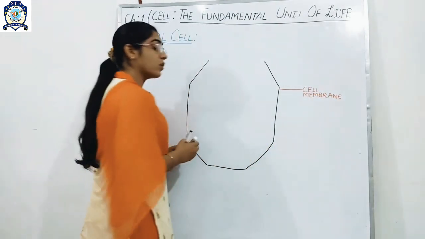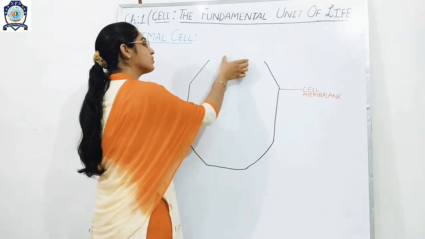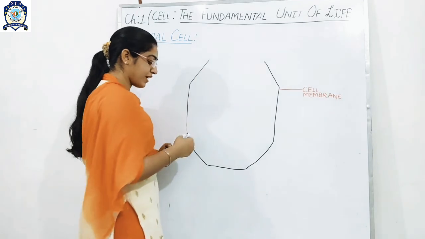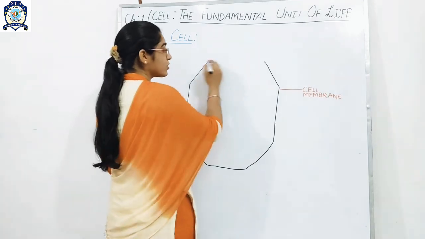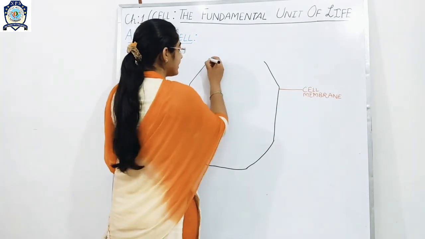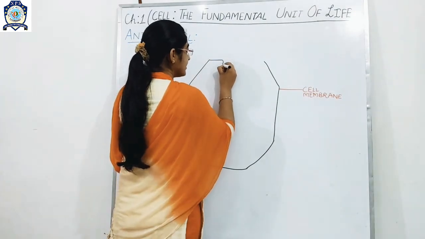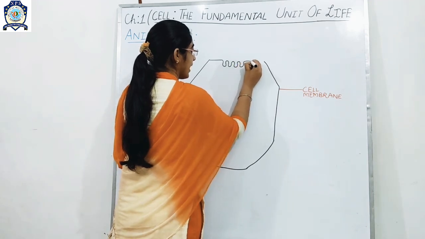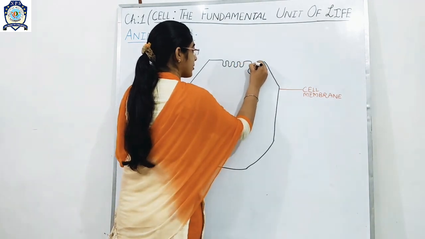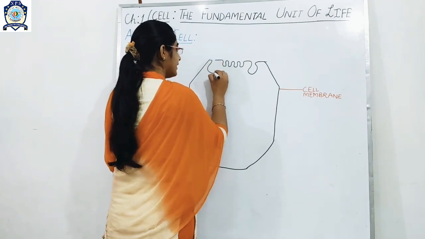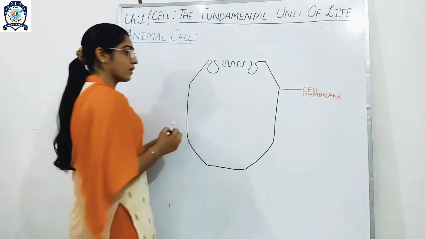On its outer surface, the layer is not a direct straight line. There is some folding in this way, and there are also vesicles on both sides.